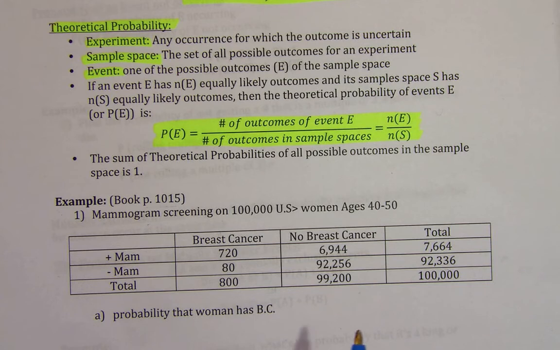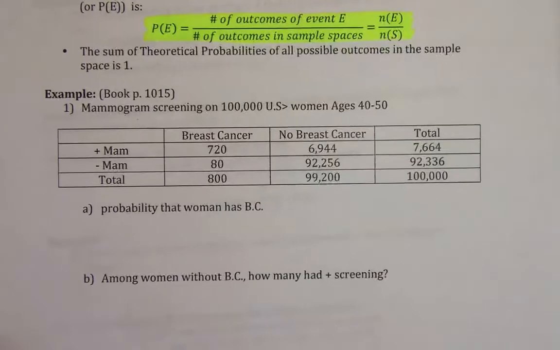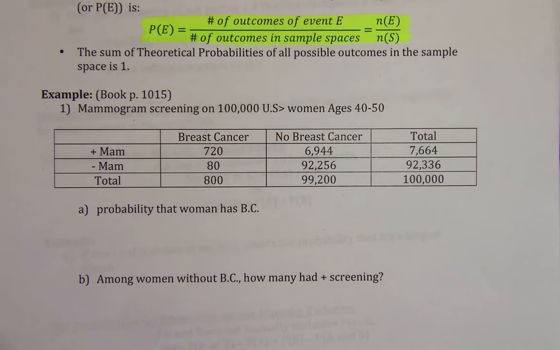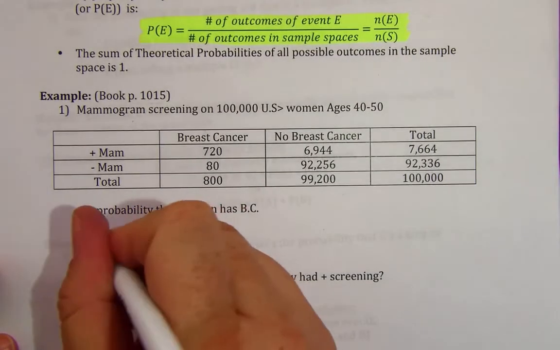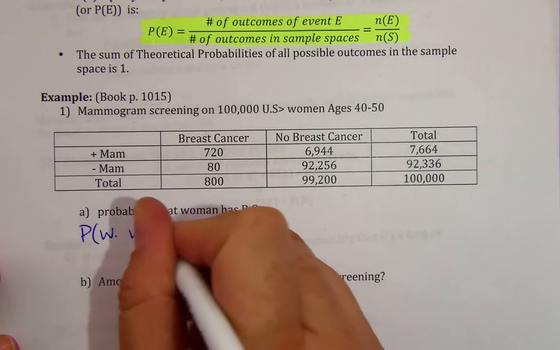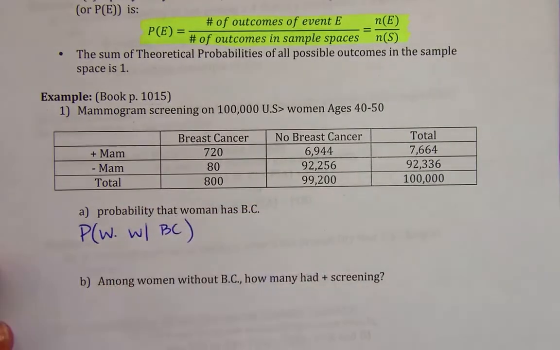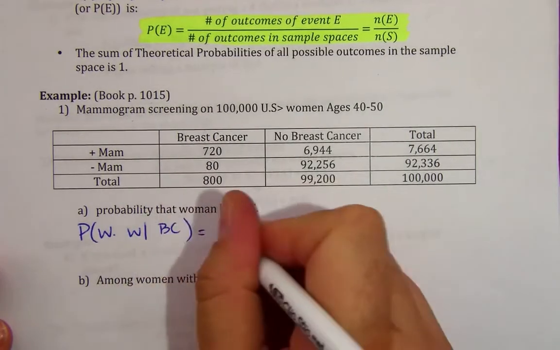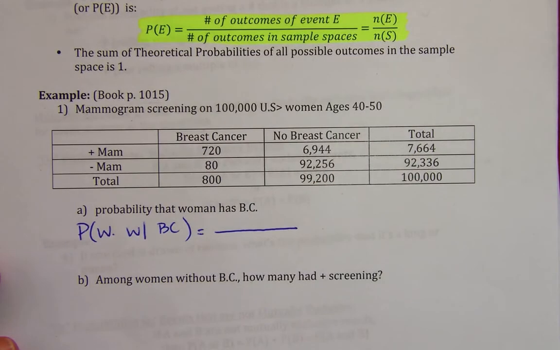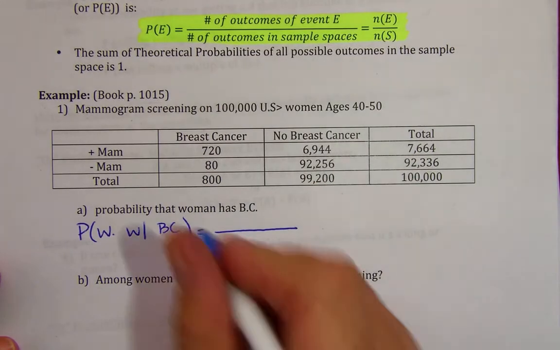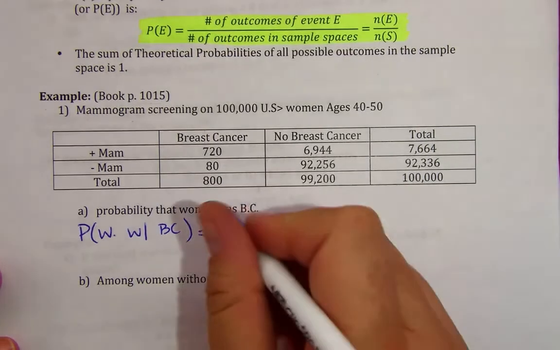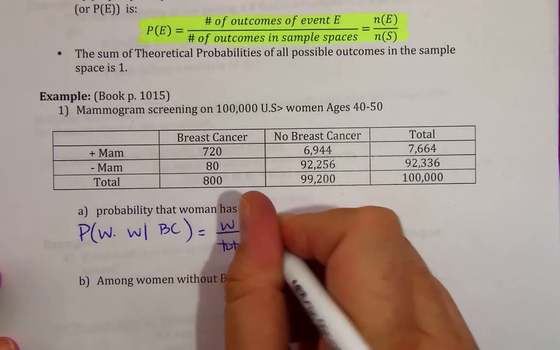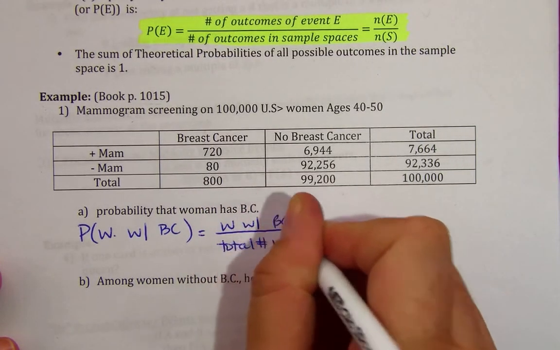So let's look at some of the different probabilities we can examine with this information. The first one asks for the probability that a woman has breast cancer. We always want to write our probability statement: woman with breast cancer. We can abbreviate things here. We're looking at the total number of women, and then the women with breast cancer.